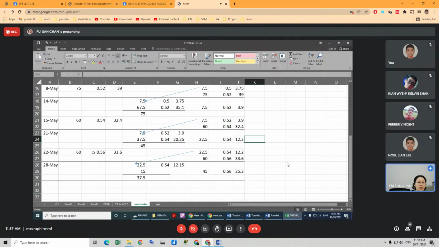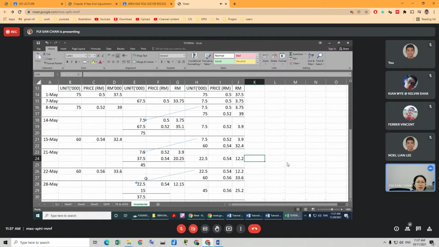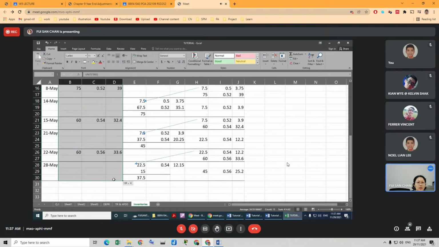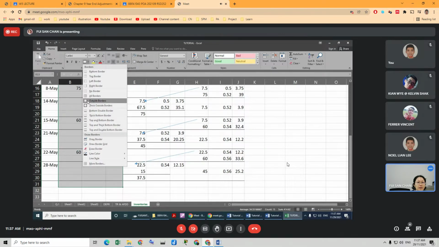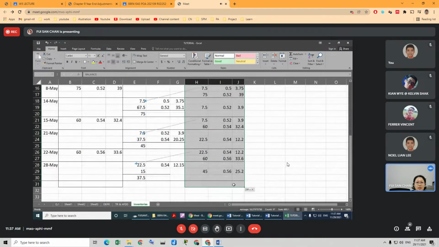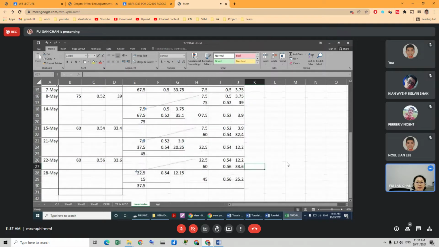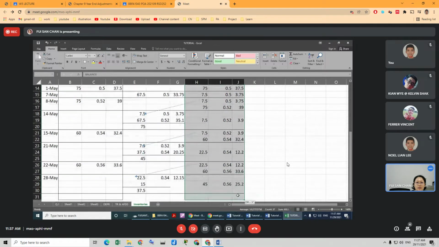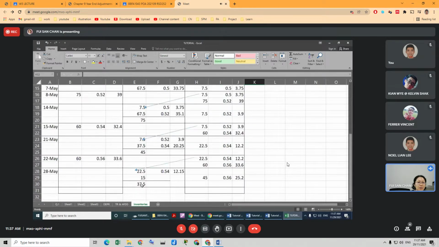Then of course we can calculate how much our total purchases are. Our total purchases is from here. How much is my total purchases?